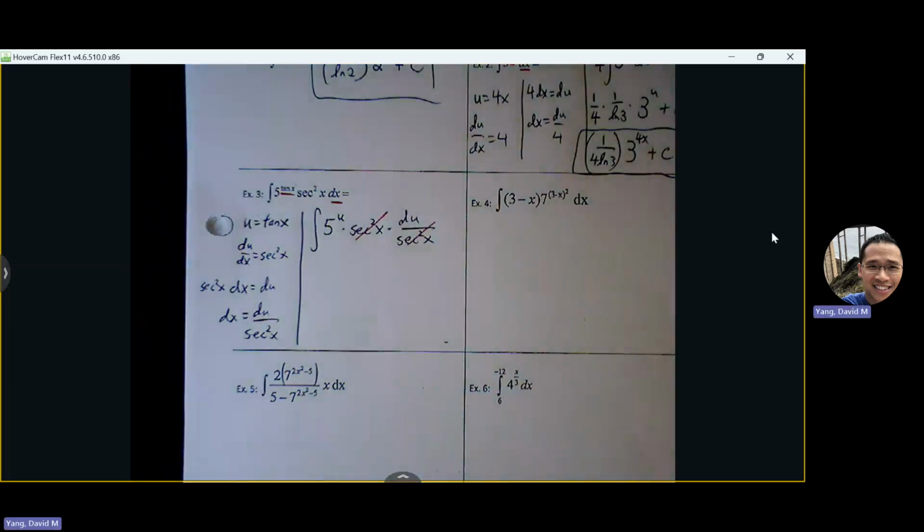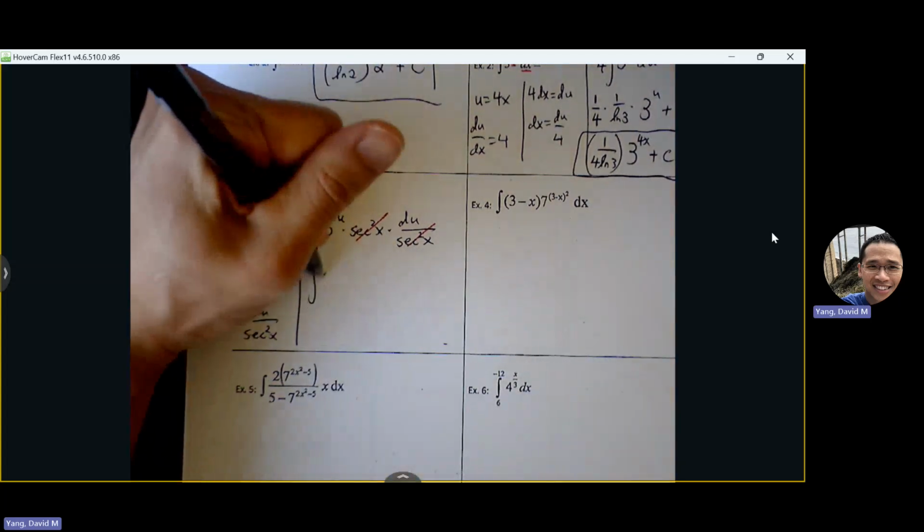We need that to happen if we're doing the substitution, and there's no leftover coefficients. So we just have to worry about integral of 5 to the u.